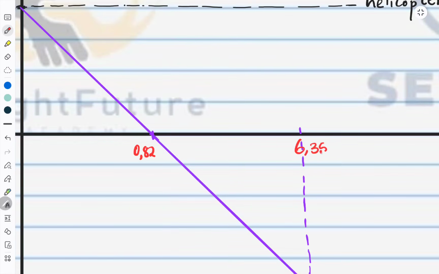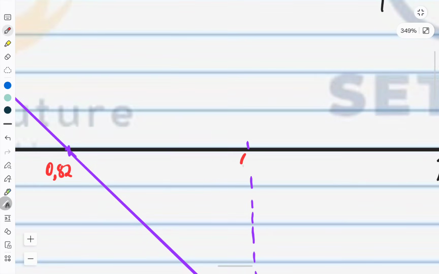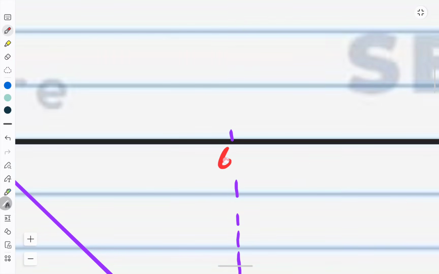If they had asked us to show the time when it reaches the same point where it started, we're going to indicate it somewhere here and say 1.64. But we're not asked that, so we won't include it there. You don't include stuff that you were not asked. Otherwise it's like you are showing off. You don't want to be a show off, right?